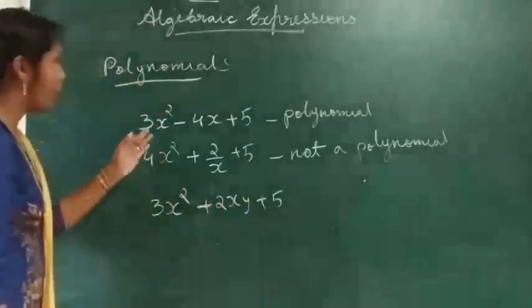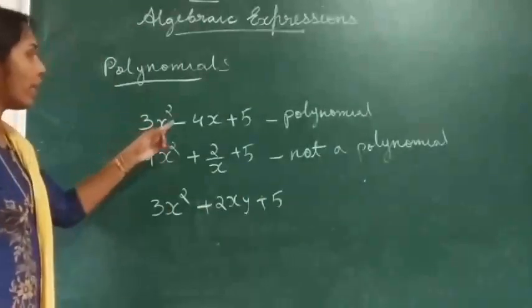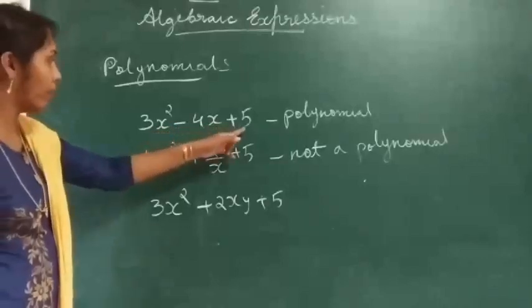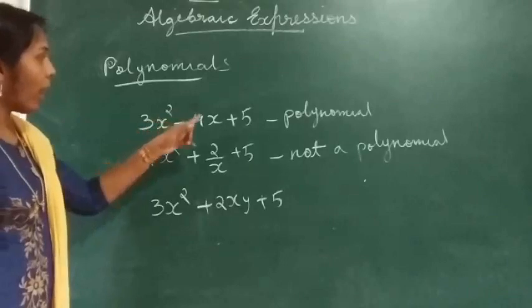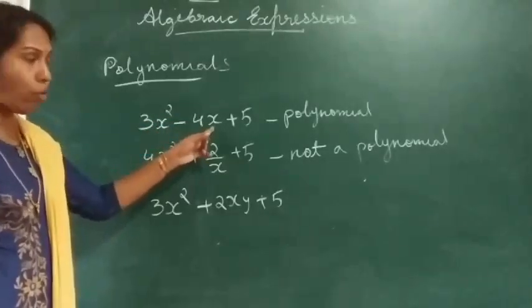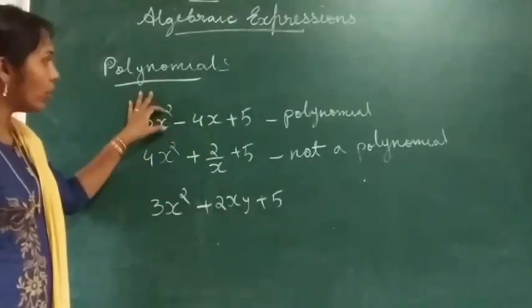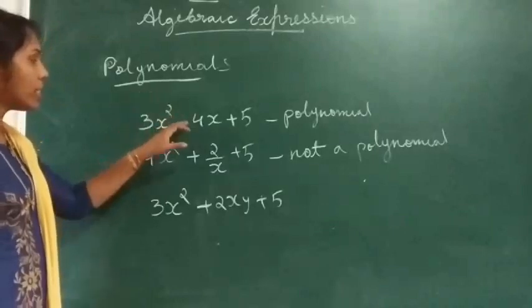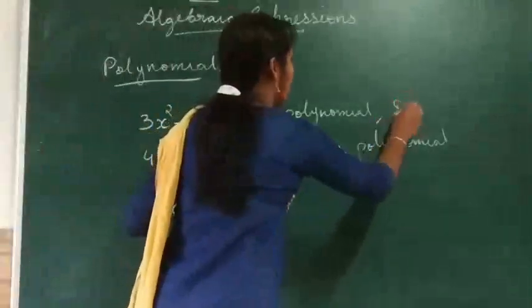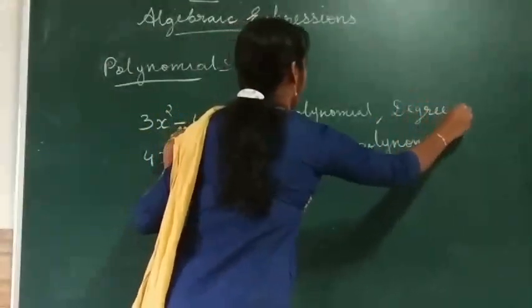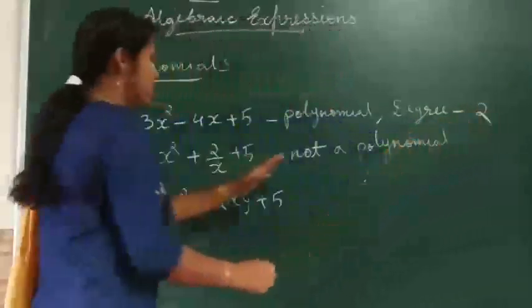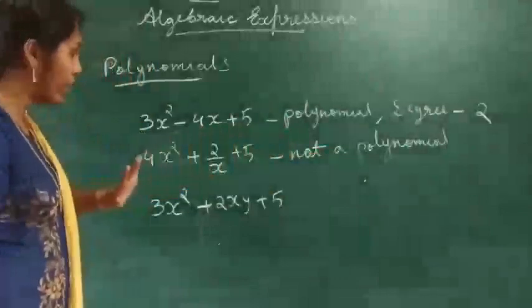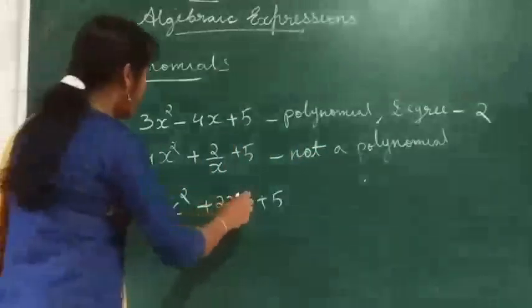Now in the first polynomial we have 3x square minus 4x plus 5. In the first term the power of x is 2 and in the second term the power of x is 1. The highest power is 2, therefore the degree of this polynomial is 2. The other one is not a polynomial, so we don't have to find its degree.